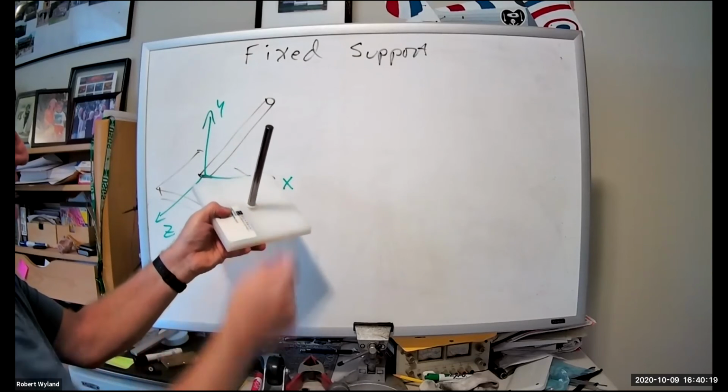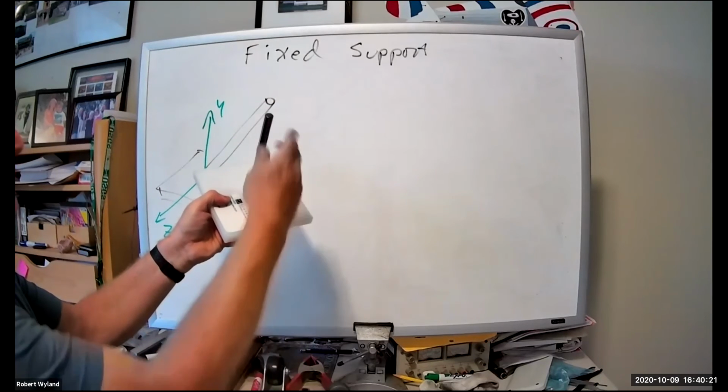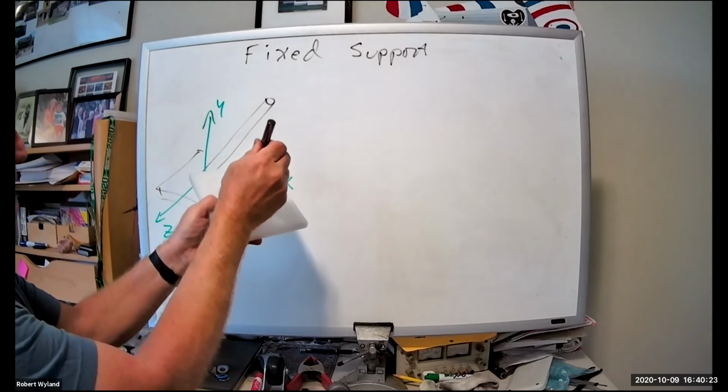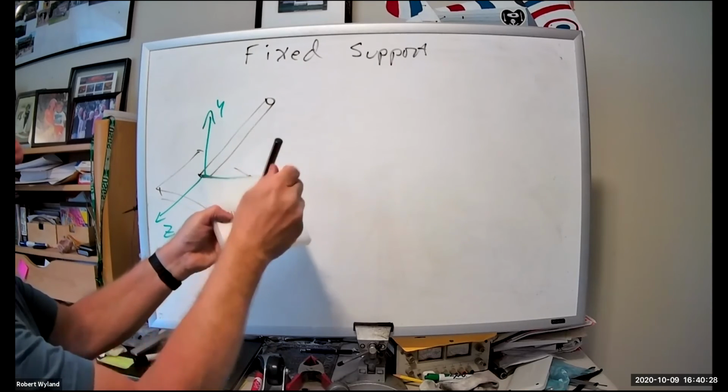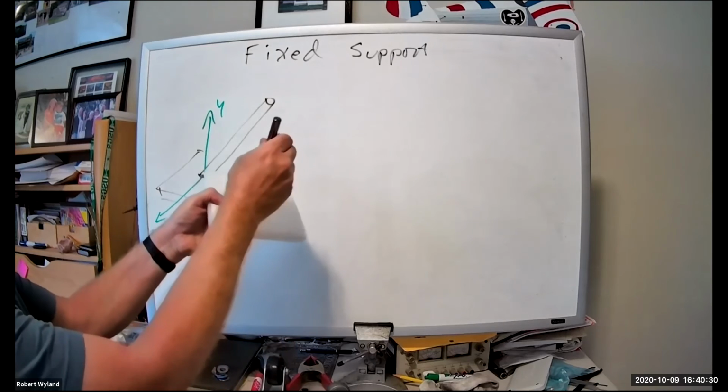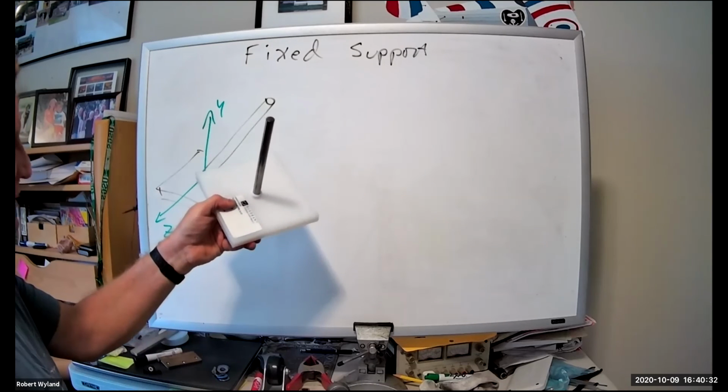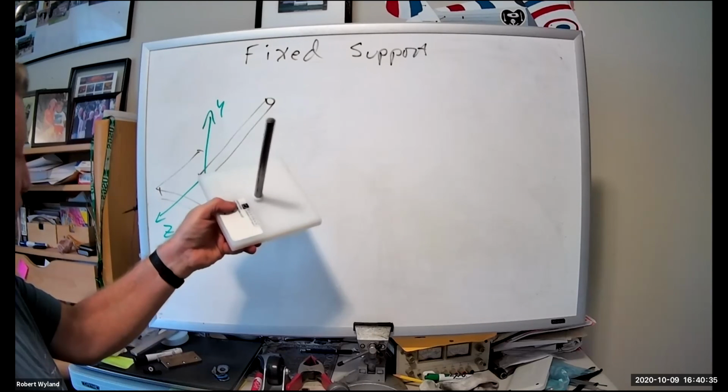So we had reactions in that direction, and it's the same for the moments. If I try and twist this, it doesn't want to twist in that direction, this direction, or that direction. So we have reactions in every possible conceivable way.